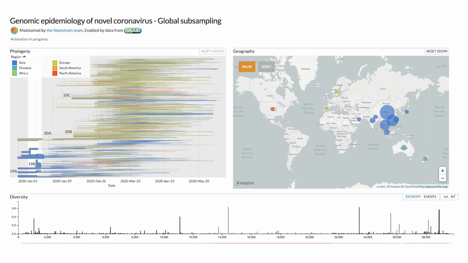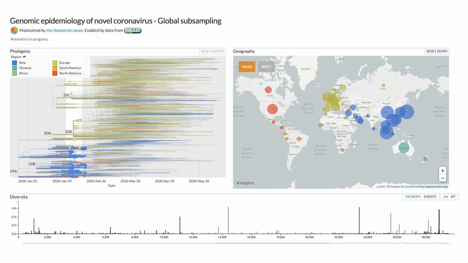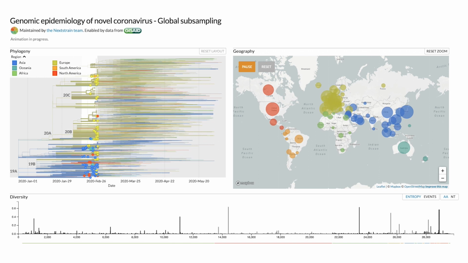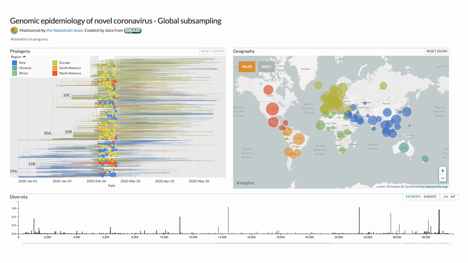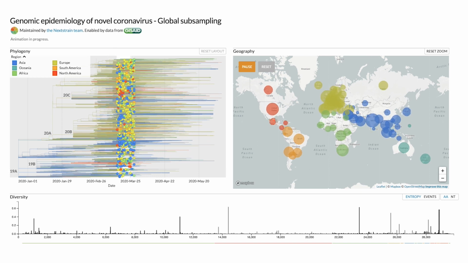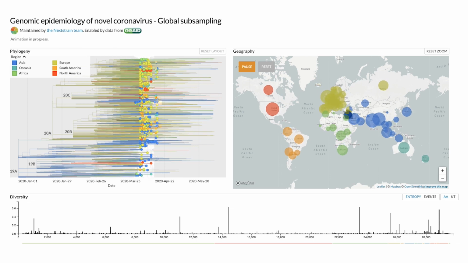This video shows the spread of SARS-CoV-2 around the world as reconstructed from viral phylogenies. The virus began spreading in China in late 2019. While a lot of attention has been focused on the seafood market in Wuhan, where public health officials were first alerted to the virus's spread, it seems as though the virus may have been spreading in the human population weeks or months before the first seafood market cases.